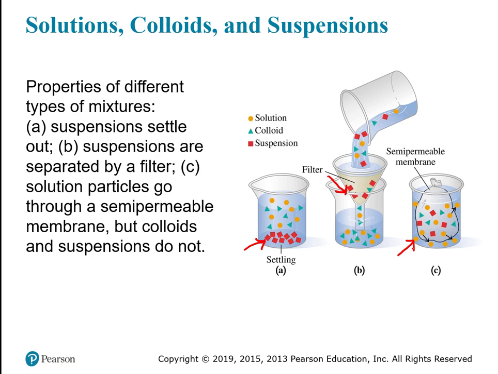But the colloids in the suspension, so the red squares and the green triangles, those will be stopped by the membrane. So this is just another visualization and another way to kind of quiz yourself what will be stopped by a filter, what would be stopped by a semi-permeable membrane, that sort of thing.